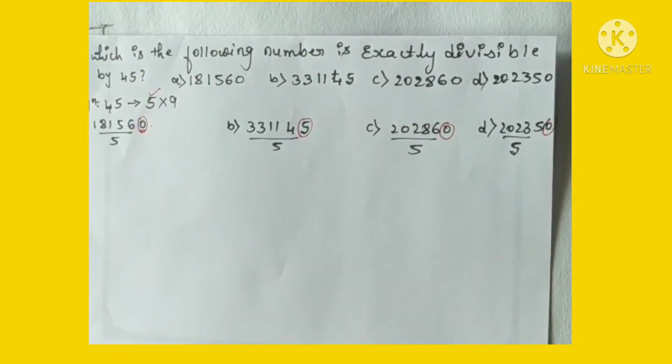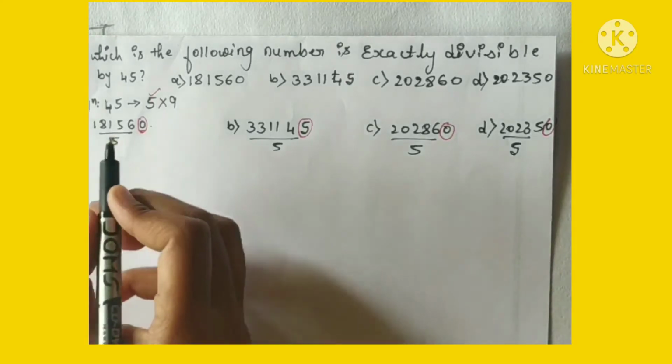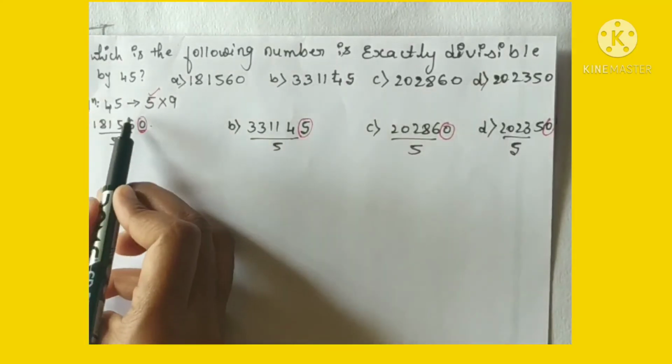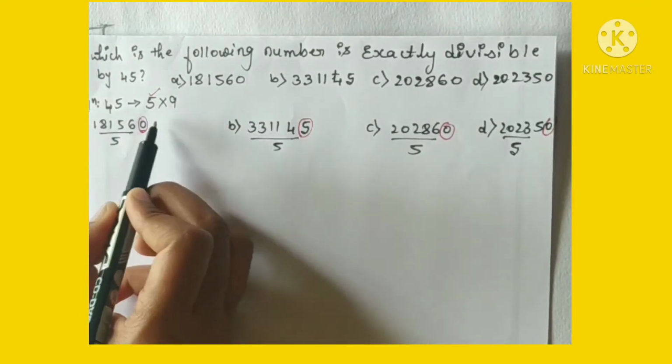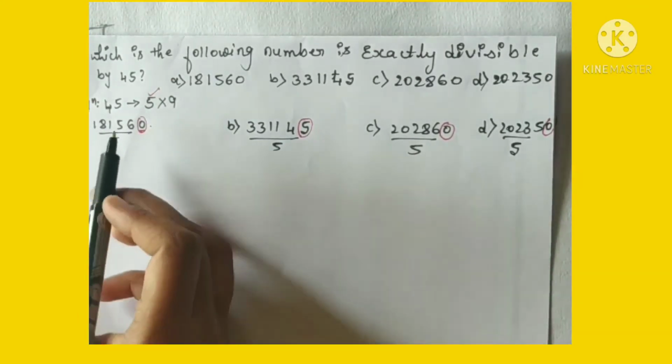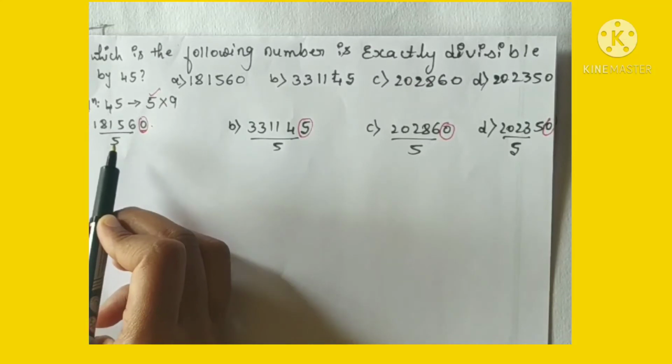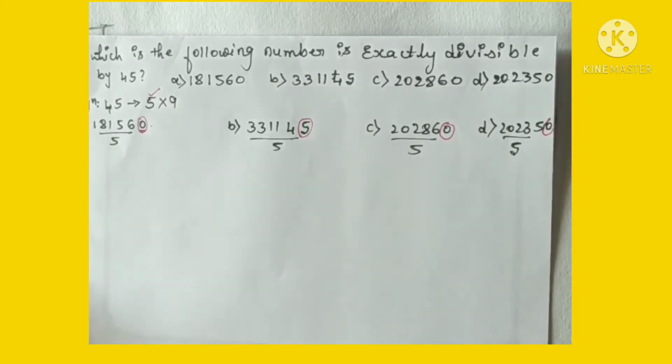Here the remaining is we have to check the divisibility rule for 9. For this I just take option A and check whether this number satisfies the divisibility rule of 9 or not. It already satisfies the divisibility rule of 5. Now I will check for 9.